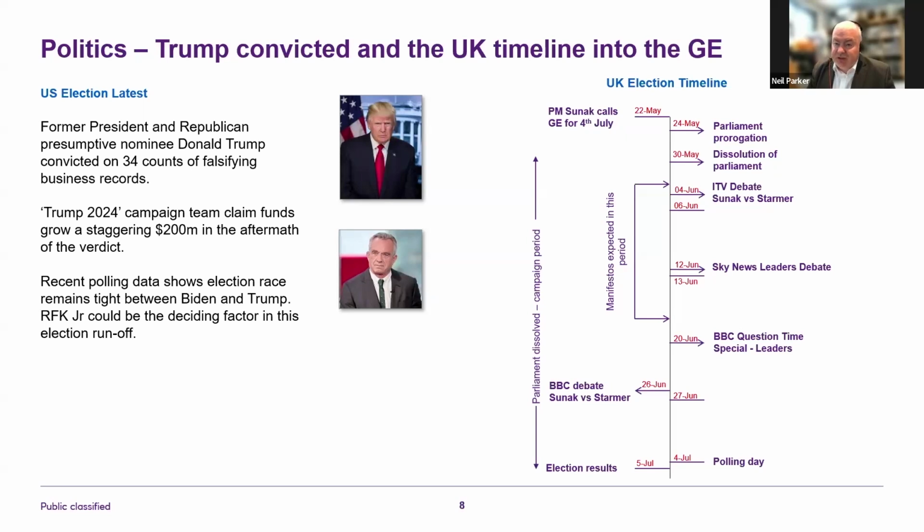So polling data remains tight, and it's notable that RFK Jr. still holds around a 10% vote share and potential vote swing that could turn the election one way or another. So he could end up being kingmaker, the votes that are given to him could end up deciding the outcome of this election.